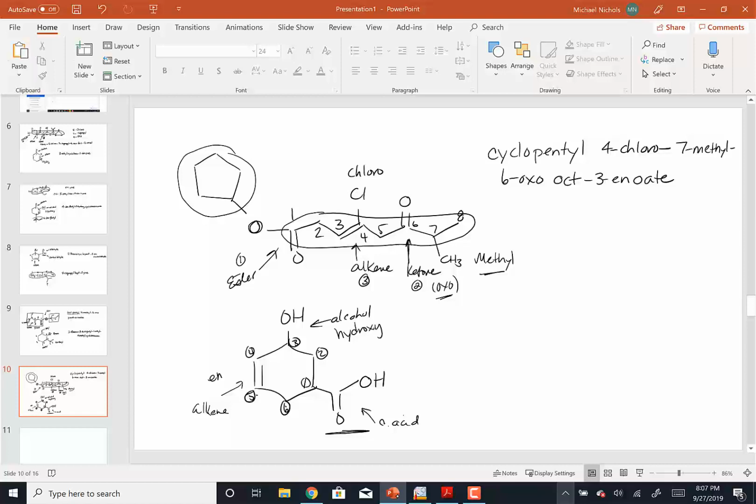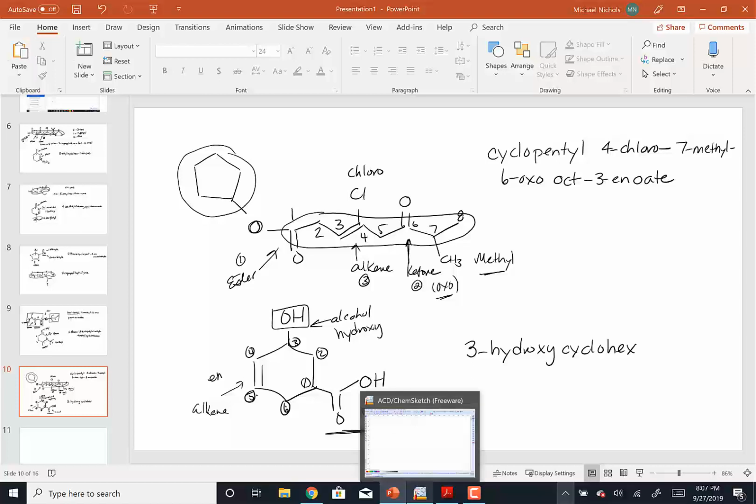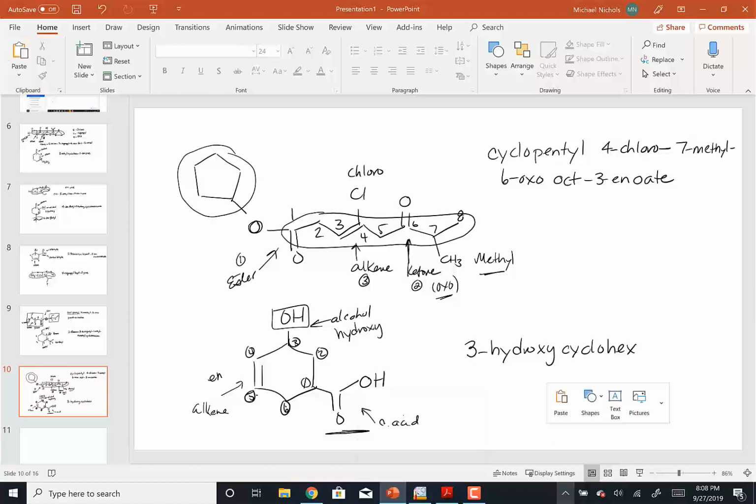Okay, so I only have one substituent here. That's the OH group. So I've got a 3-hydroxy. Now, 3-hydroxy what? 3-hydroxy cyclohex. It's almost getting tiring. Alkene, alkane, alkyne. What do I have?